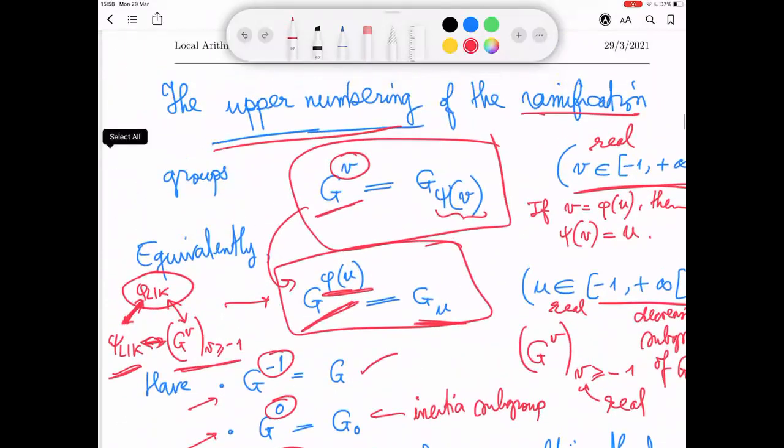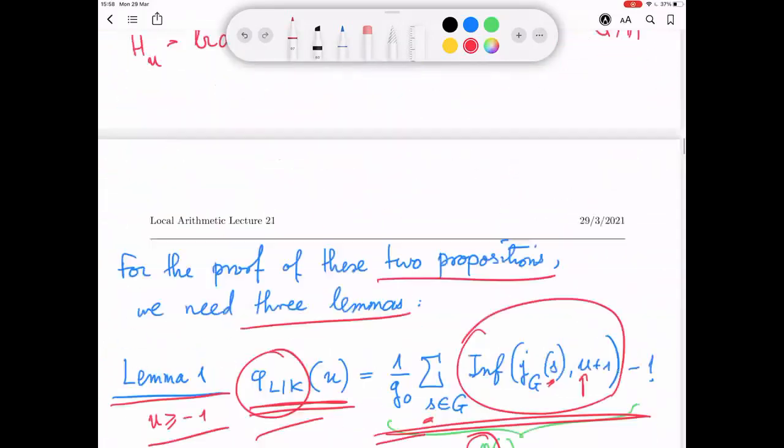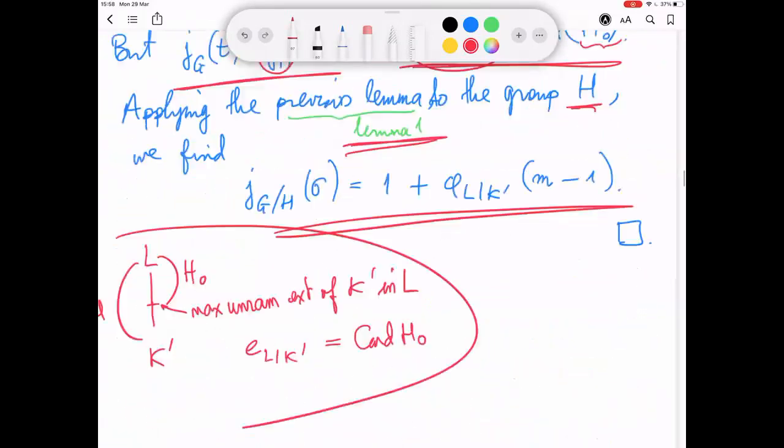Yeah, here it is. G upper V is G lower psi of V, or G upper phi of U is G lower U. So one of these two things has been used.